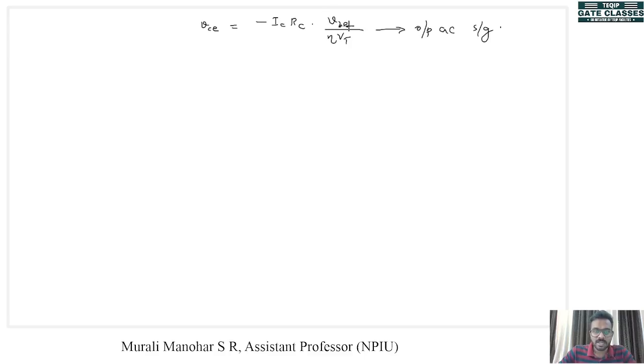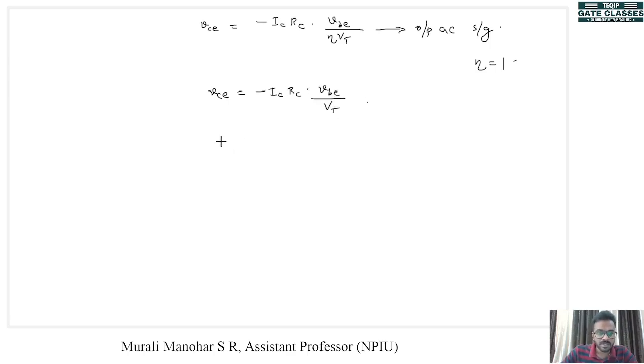Here VBE is the input signal and VCE is the output. Now if we are considering silicon transistors, eta will be equal to 1. So vce can be written as minus IC RC into VBE divided by VT.